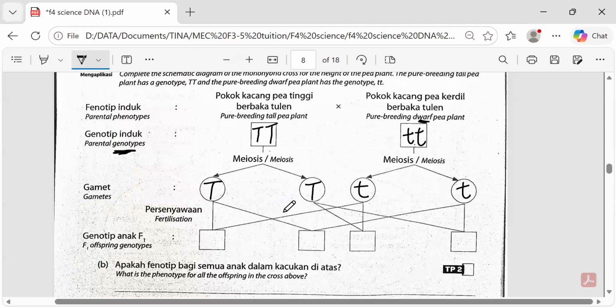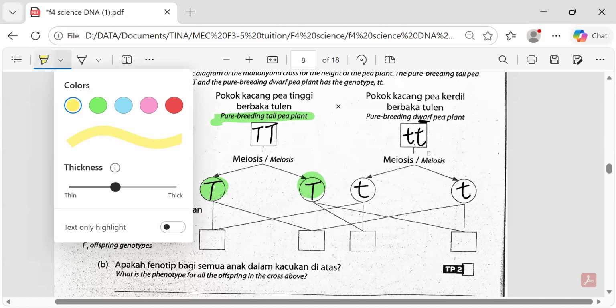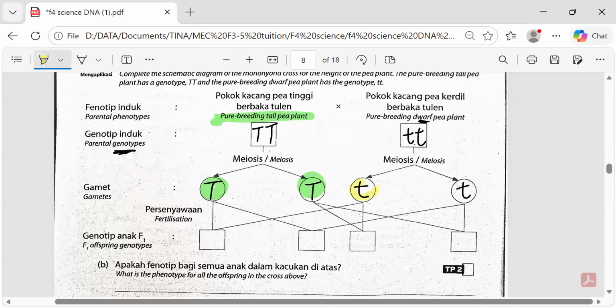Okay. Alright. So this is what happens. The daddy is all tall. So of course, if the daddy makes sperm or pollen, he will have a tall gene in each sperm. The mummy is short. All generations are short. So of course, the mummy will have a short gene in all the eggs. Make sense?